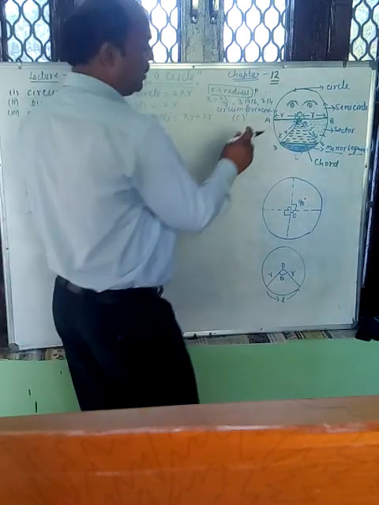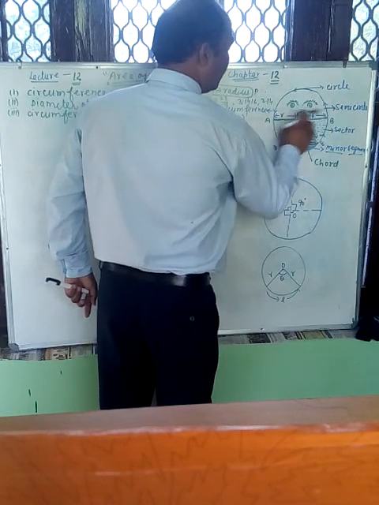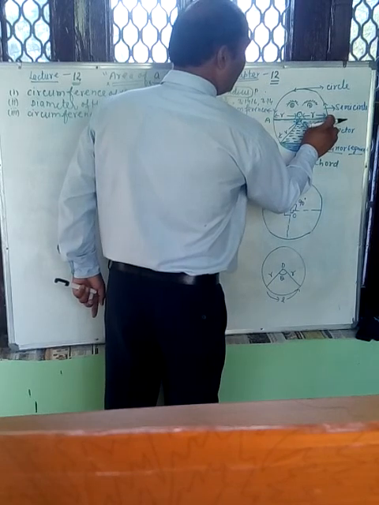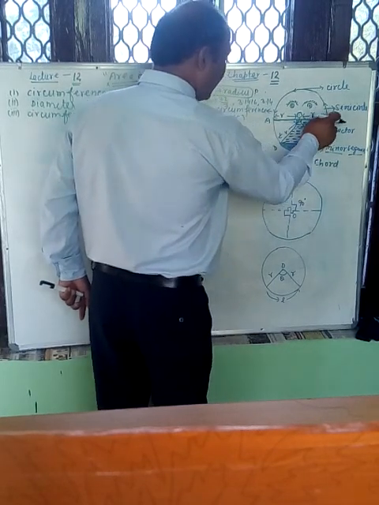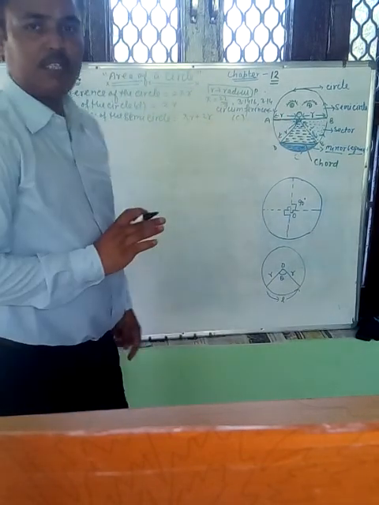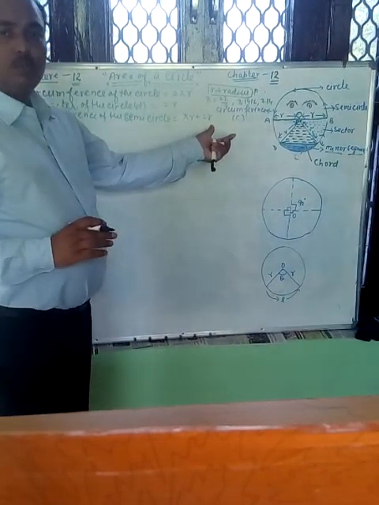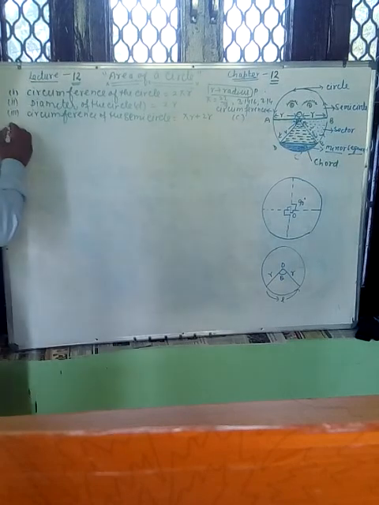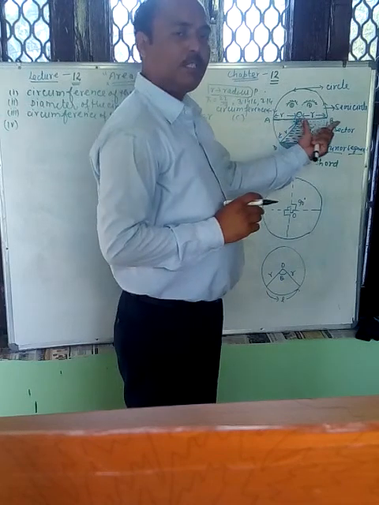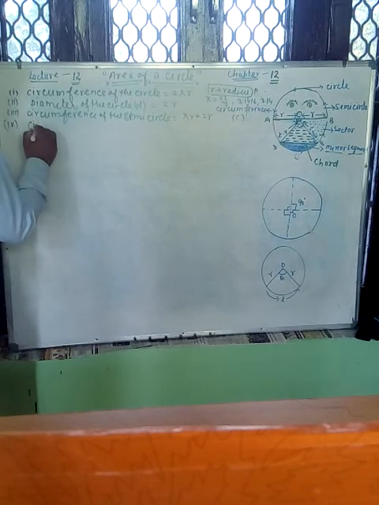If we start from here and walk to B, meaning we cover this distance from A to B, and then from B return to point A, this distance is known as pi r plus 2r.